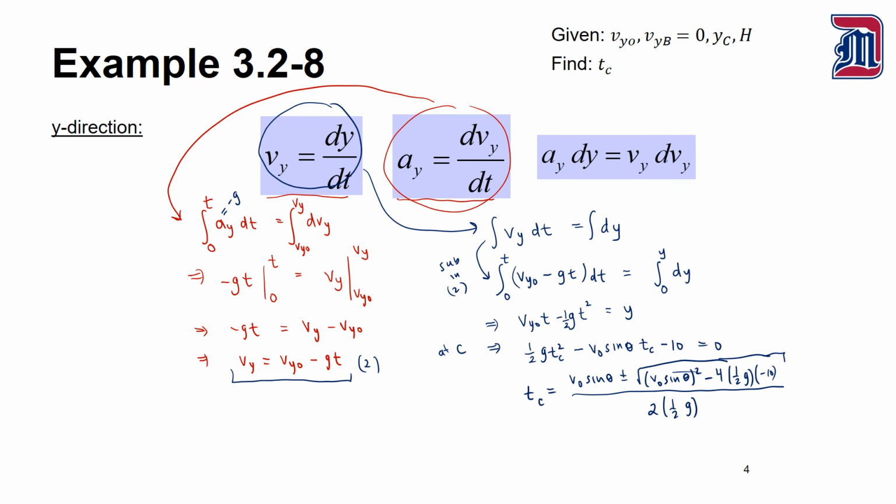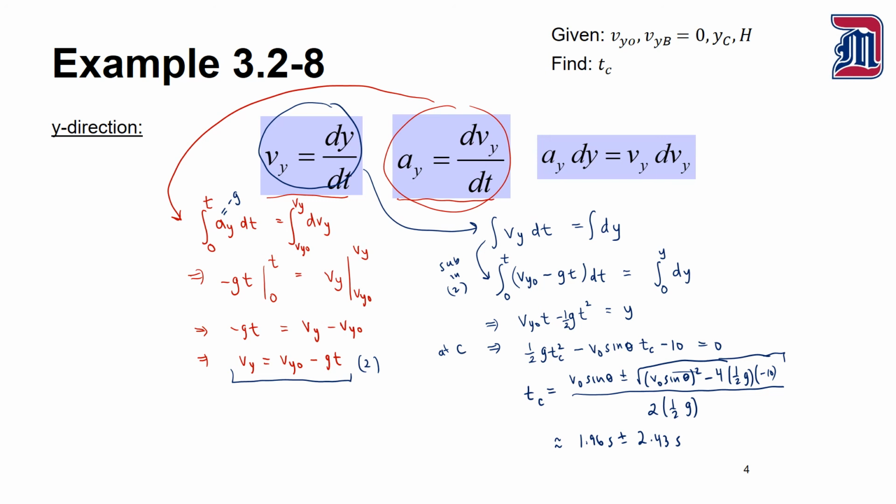If we plug in, we get that t sub c is equal to 1.96 seconds plus or minus 2.43 seconds.